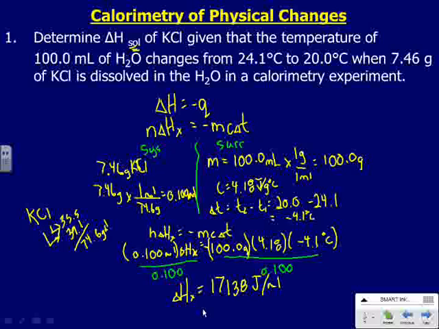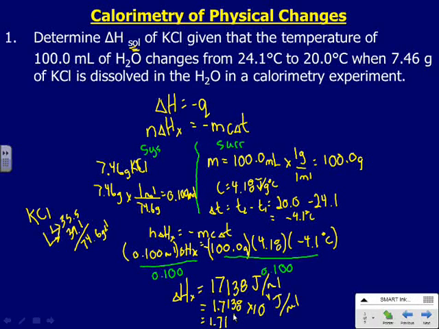All right, 3 significant digits. If I were to convert that into scientific notation, 1.7138 times 10 to the 4 joules per mole. And if I were to round then to 3 significant digits, 1.71 times 10 to the 4 joules per mole.